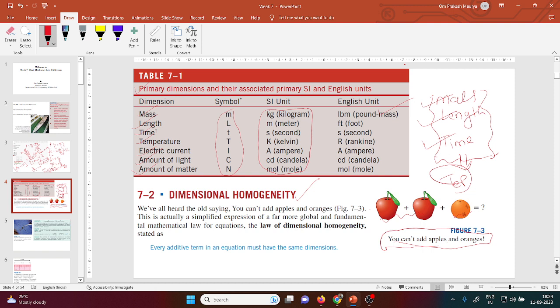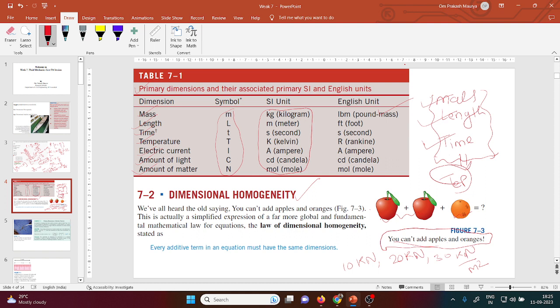Let's say you want to add something: 10 kilonewton force is given, 20 kilonewton is given, and third is 30 kilonewton per meter square.